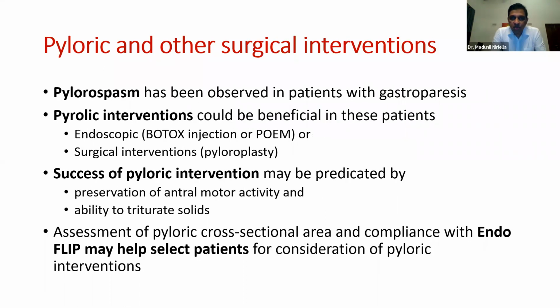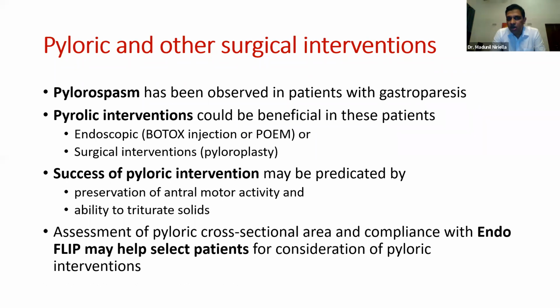So coming to the non-pharmacological therapies, the pyloric and other surgical interventions. Pyloric spasm has been observed in patients with gastroparesis, and pyloric interventions can be beneficial in patients who have demonstrable pylorospasm. Endoscopic procedures such as Botox injection or G-POEM, or surgical interventions such as pyloroplasty, may be helpful in selected patients.